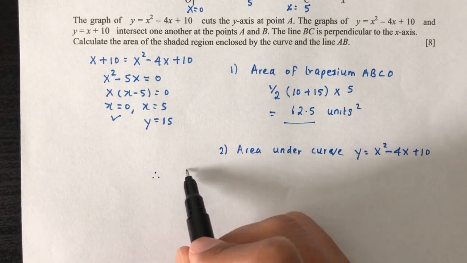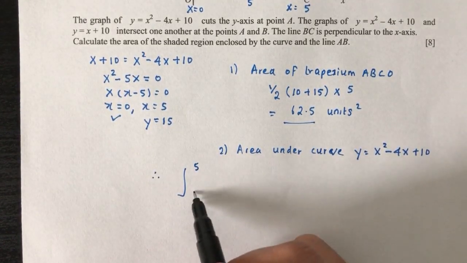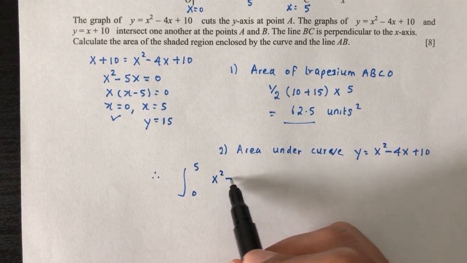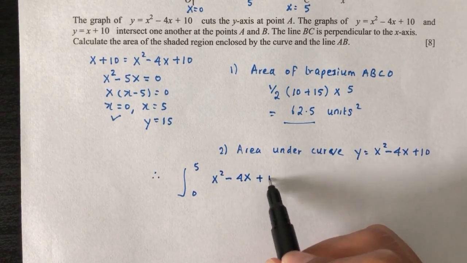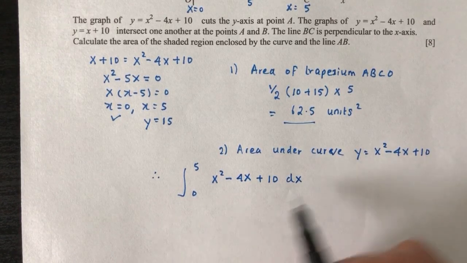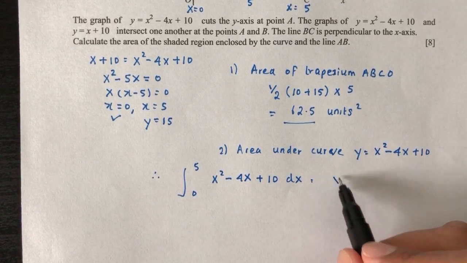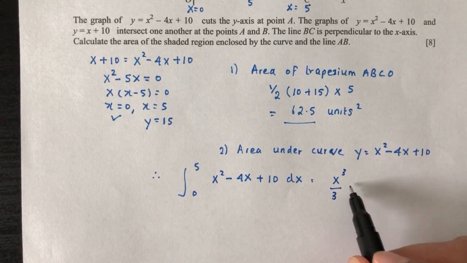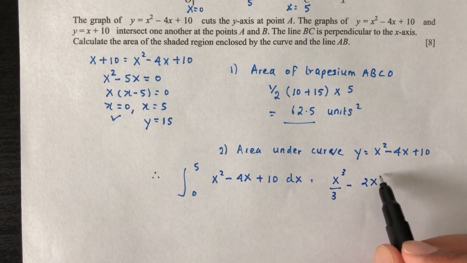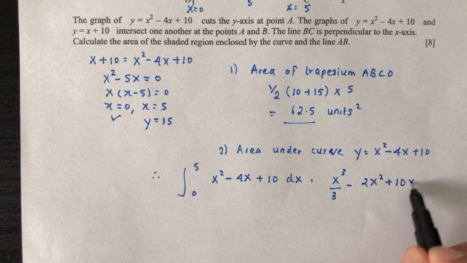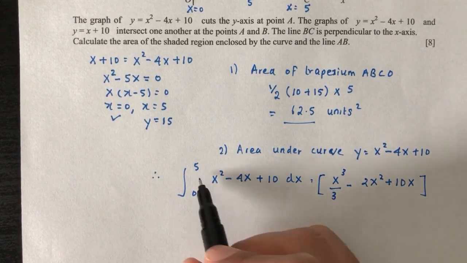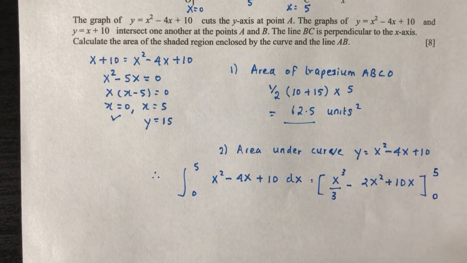So integration from 0 to 5 of x squared minus 4x plus 10 dx. So that will be x cubed over 3 minus 2x squared plus 10x between the range of 0 to 5.